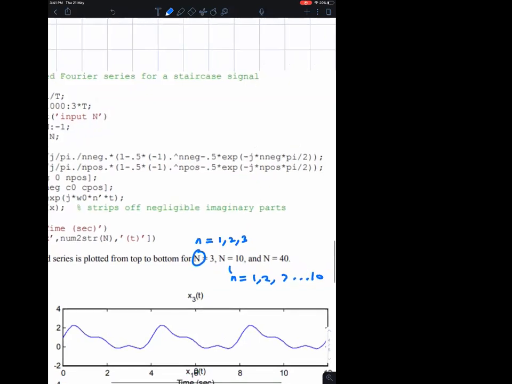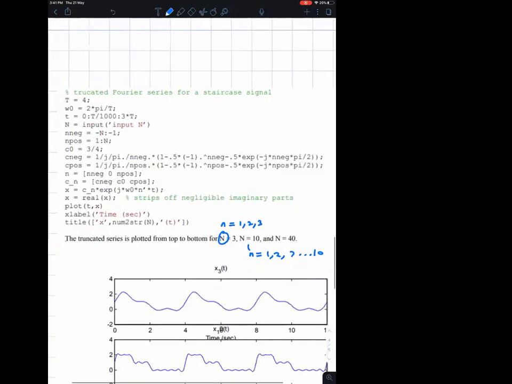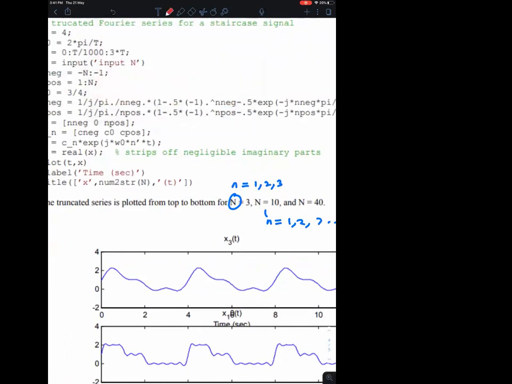Like when n equals 3, your plot looks like this, right? Something like this.